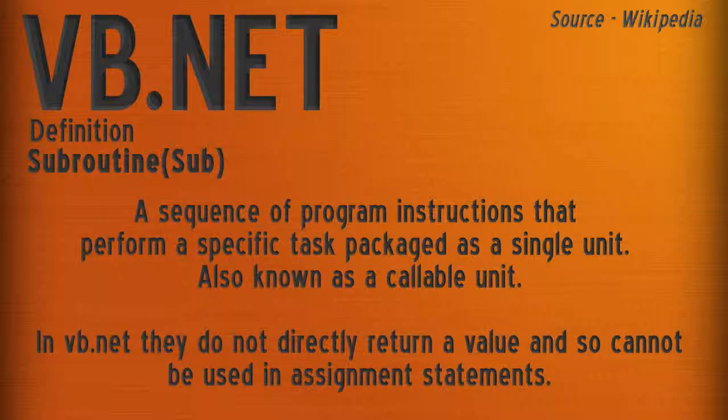In VB.NET, they do not directly return a value, and so cannot be used in assignment statements. So you can't say, for instance, an integer variable, call it number, equals, and then a sub, because that sub doesn't necessarily return any value, and you can't use a return statement in it.